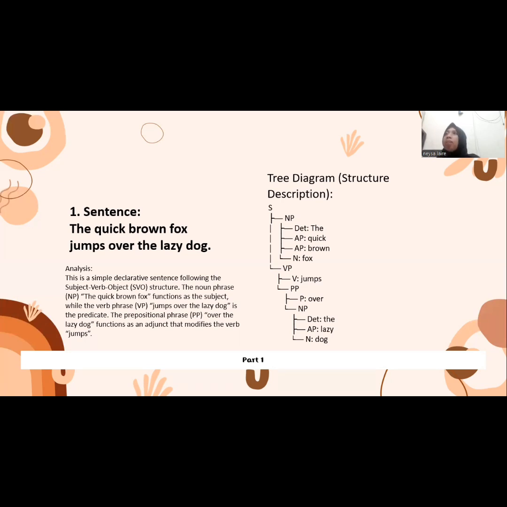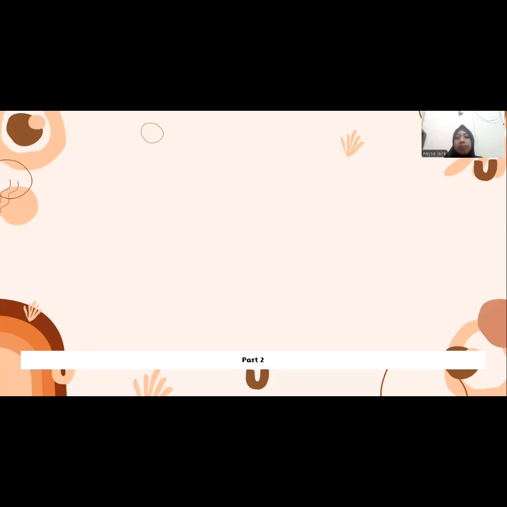The prepositional phrase (PP) over the lazy dog functions as an adjunct that modifies the verb jumps.